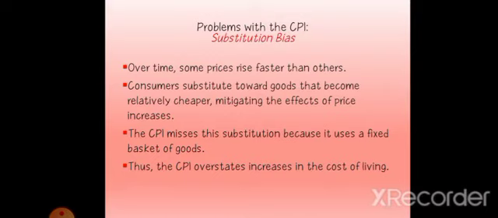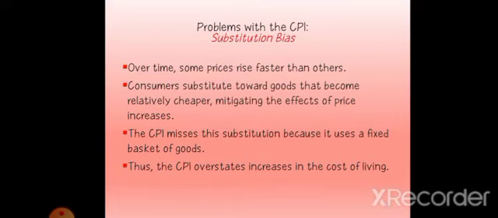Now, consumers respond to these differing price changes by buying less of the goods whose prices have risen by relatively large amounts, and by buying more of the goods whose prices have risen less or perhaps even have fallen. So there are also instances wherein the price of a particular product over a period of time has fallen, right? And that is, consumers substitute towards goods that have become relatively less expensive.